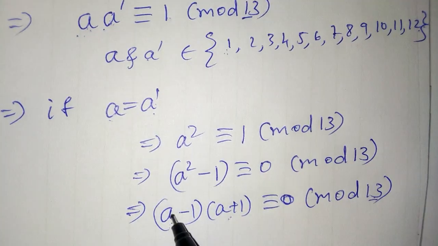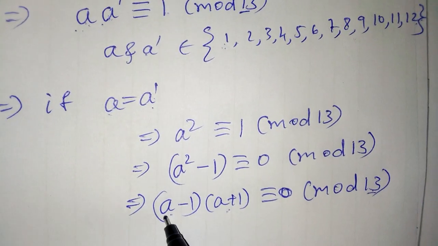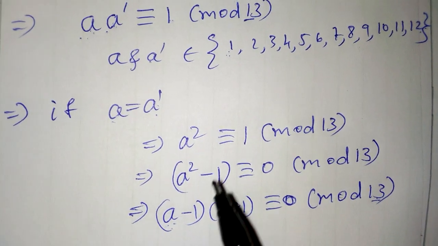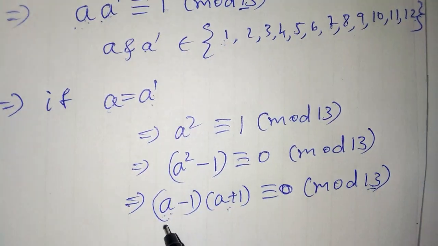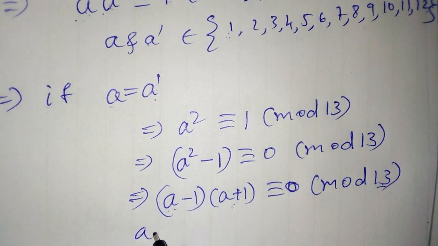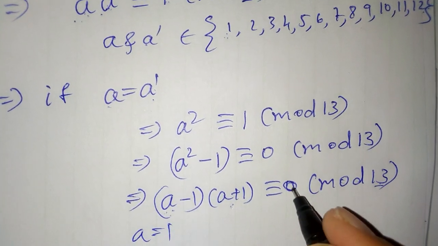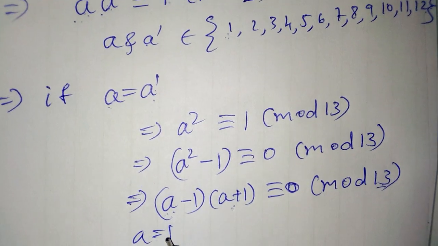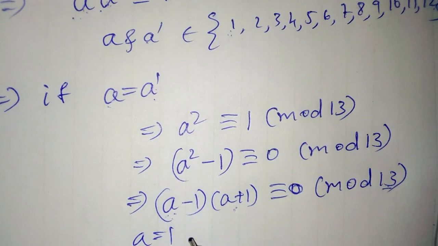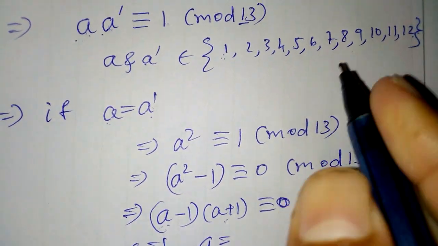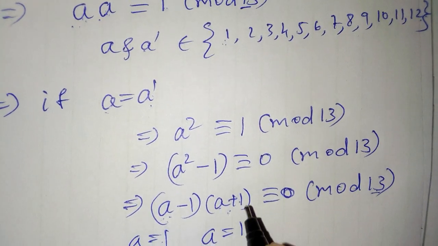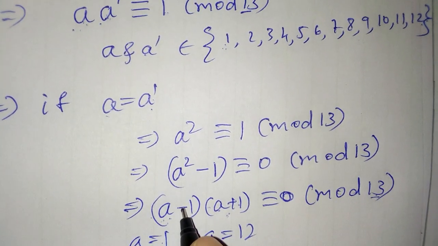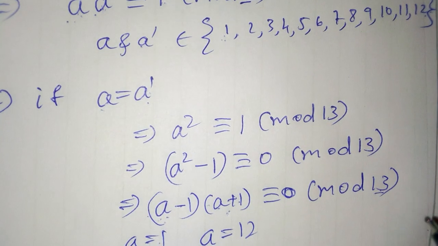So which value is suitable for a? In these values, if we put a is equal to 1, then we get 0 as a remainder. And if we put a is equal to 12, then 12 plus 1 is 13, that means a minus 1 into a plus 1 is completely divisible by 13.